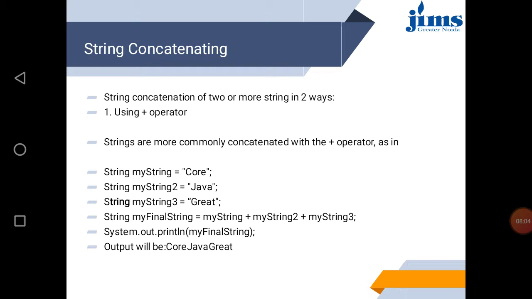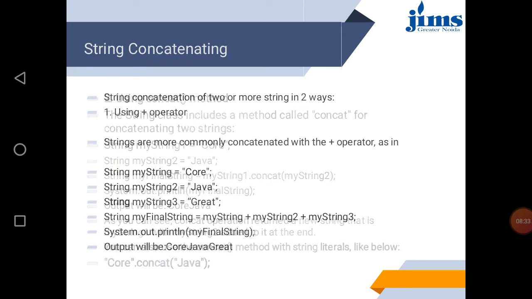So a very common method is using plus operator, and if objects are given, you just apply plus operator between reference variables of a string, and after the plus operation, you will get a single string, my final string. So in this way you can concatenate any string.